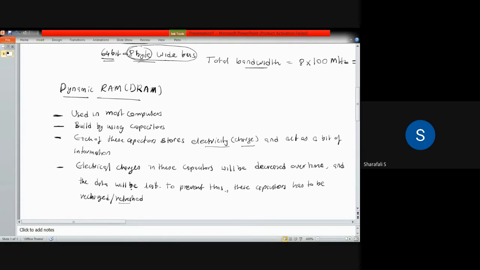If it is not charged, then we have to leave that capacitor. Okay, so the capacitor has to be refreshed continuously to maintain the data. Okay, to prevent this, the capacitor has to be recharged or refreshed continuously. Okay, that is enough.